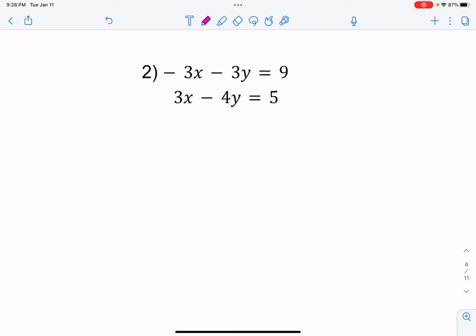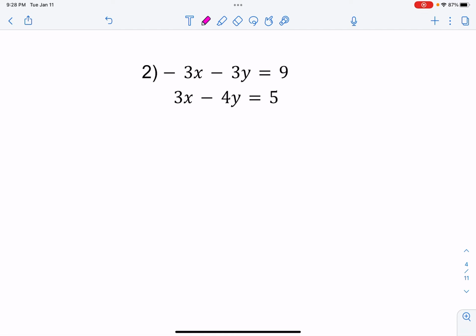So now we need to look at eliminating a variable. So always look first and see if you have that same coefficient, that number in front of your variable. Always look for that first. So in this case, if you look at our x's, we have a 3 in front of our x for our first equation and our second equation.